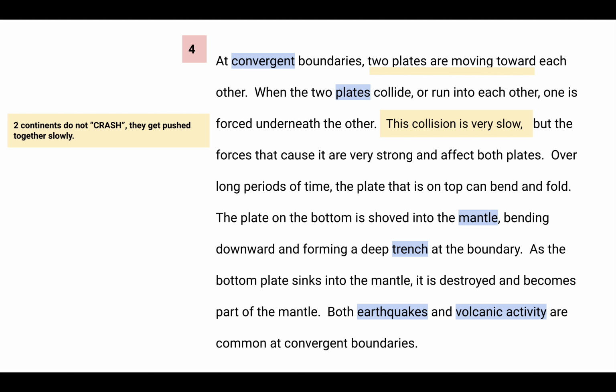He was freaked out because he was worried that these continents are going to crash. In reality, what it's saying here is the collision of the two continents coming together is very slow. So notice that when the two continents come together, they do not crash. They get pushed together slowly, but there is no crash.